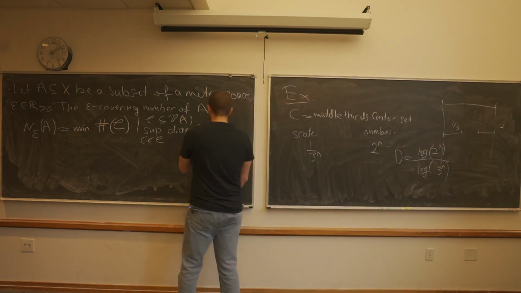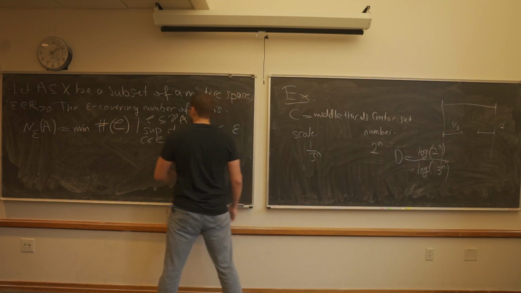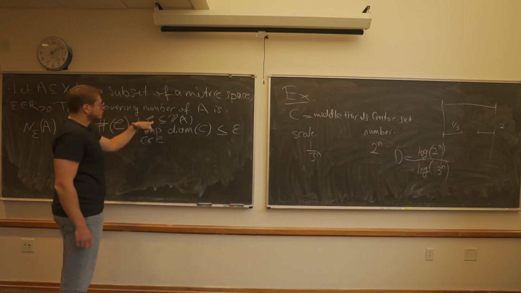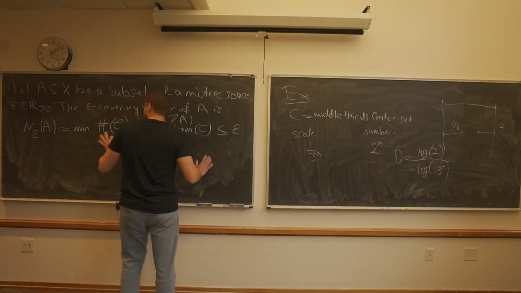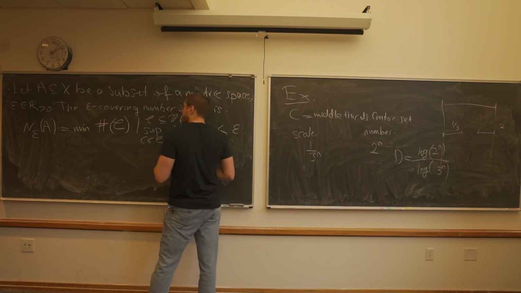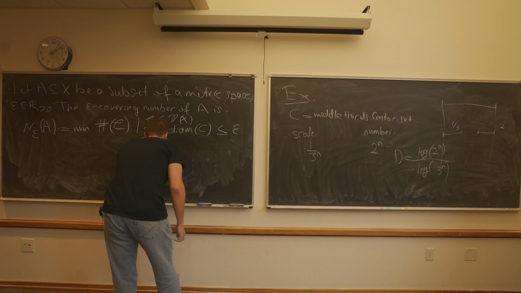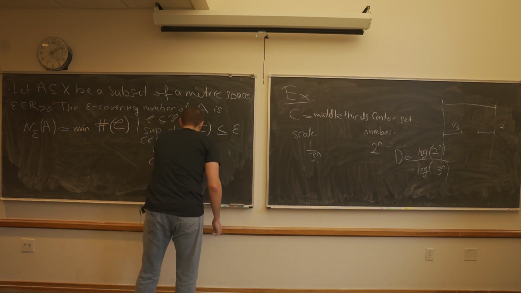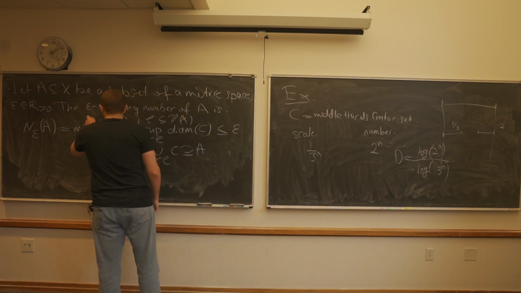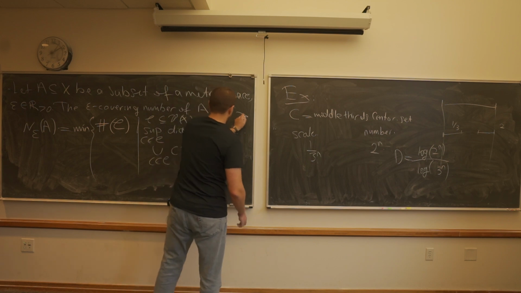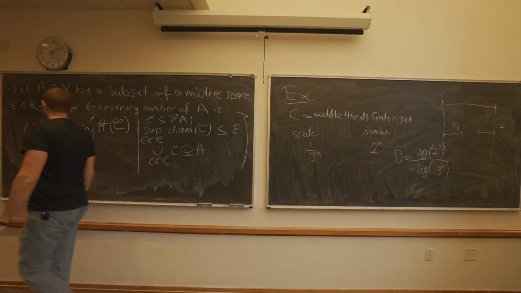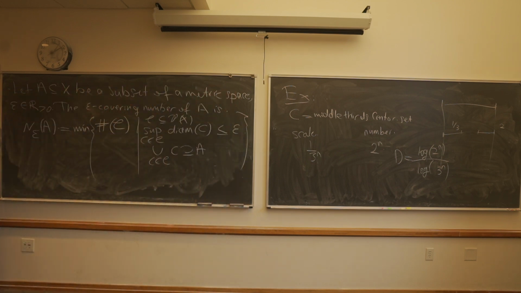That's my notion of scale. And if I take the union of all the cells in C, I want that union to be a superset of A.